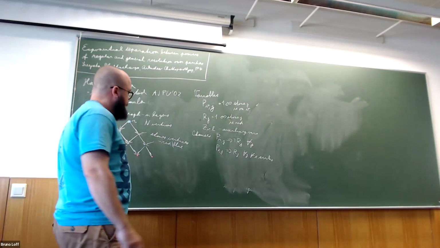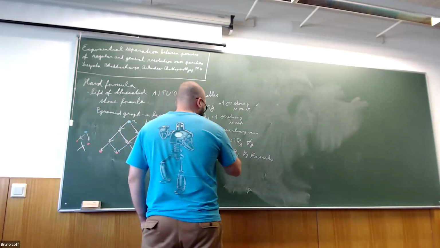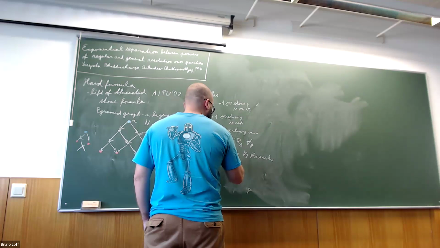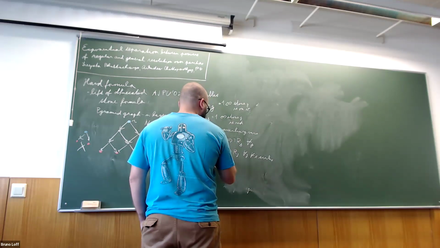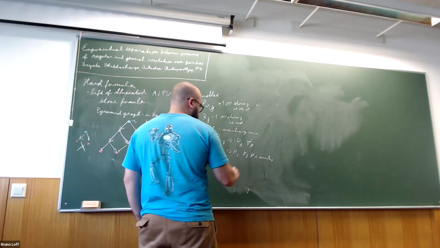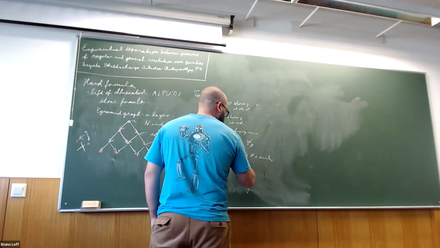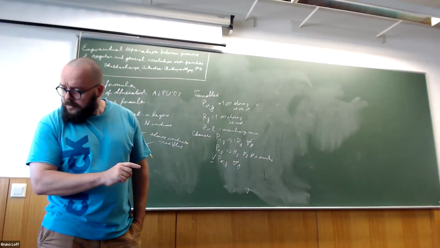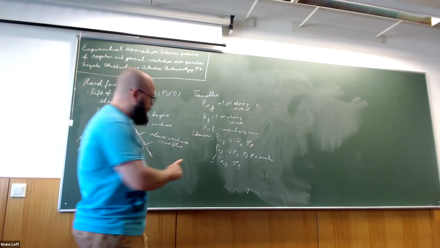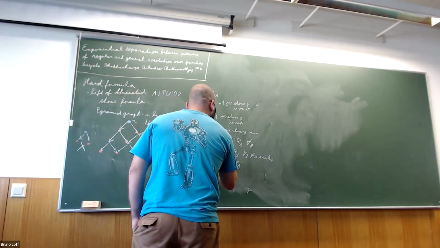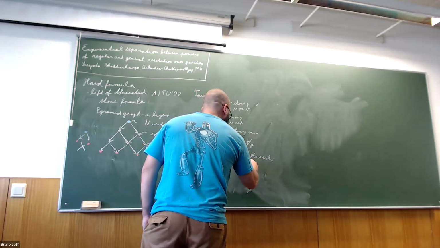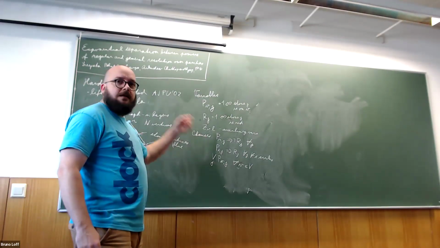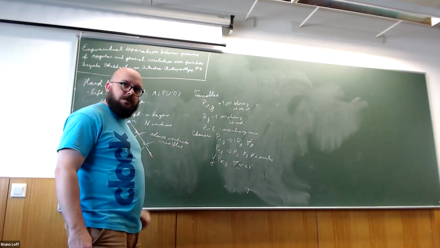Then we have the big clause. This says each vertex has at least one stone.